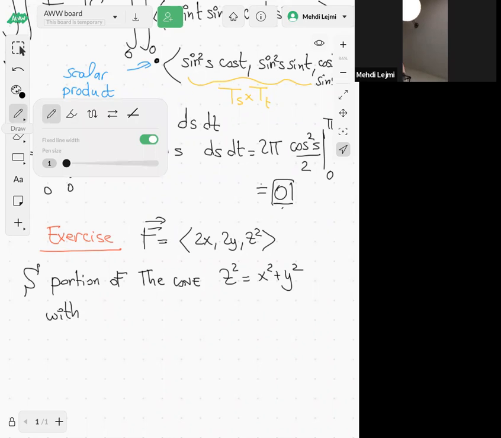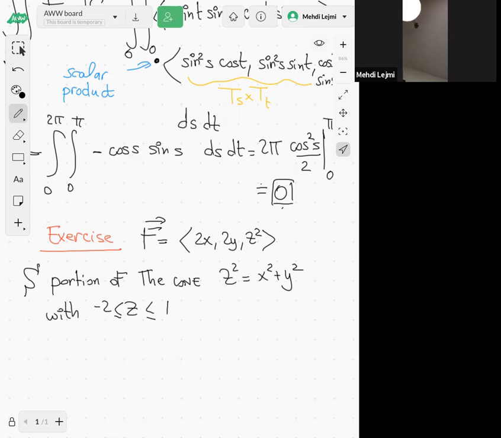So in other words, here's your cone, but we're just going to take the portion between -2 and +1. So here is +1, and then somewhere here at the bottom you have -2. So that's your cone, that's your surface.